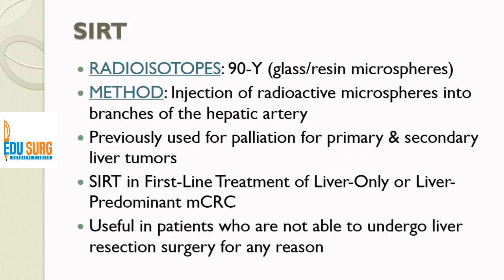Earlier, they were used only in the palliative setting in primary and secondary liver tumors. But now, radioembolization is also being considered as a first-line therapy to downstage the size and make the liver lesions more resectable and amenable to surgical therapy.